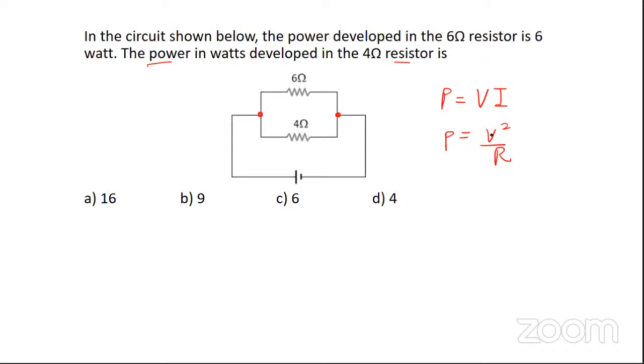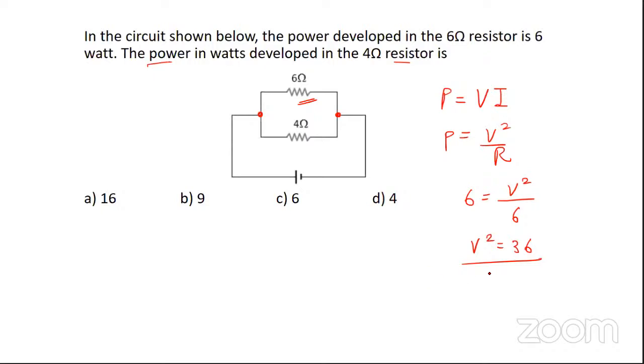Now we have the power developed in the 6 ohms, which is 6 watts. So 6 equals V square by 6. That gives us V square equals 36.